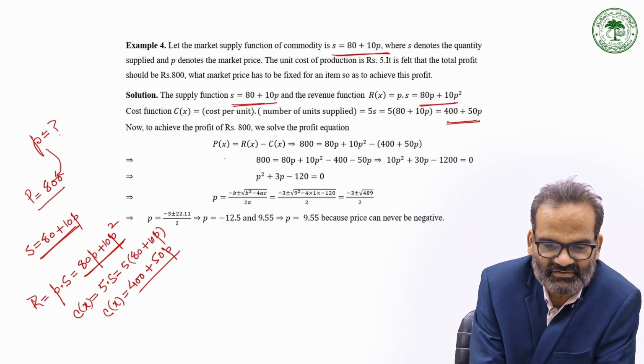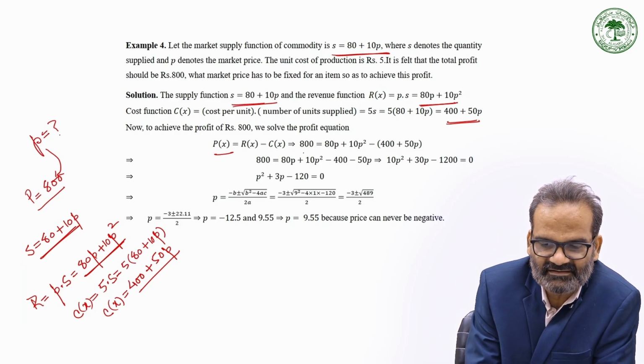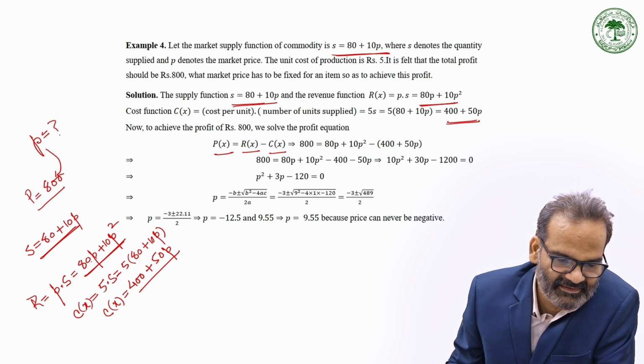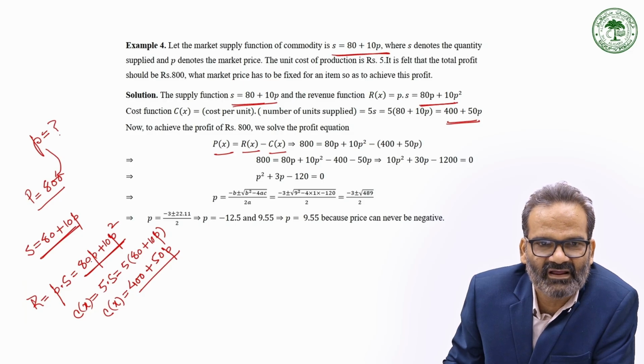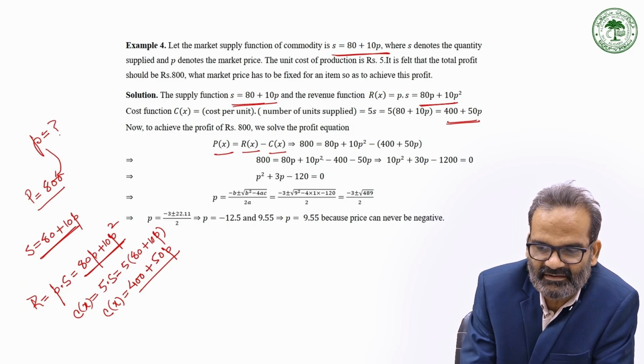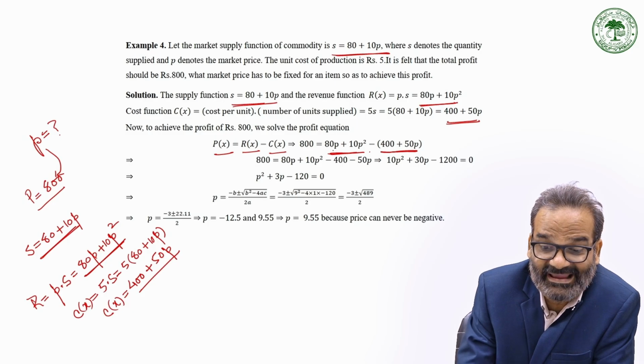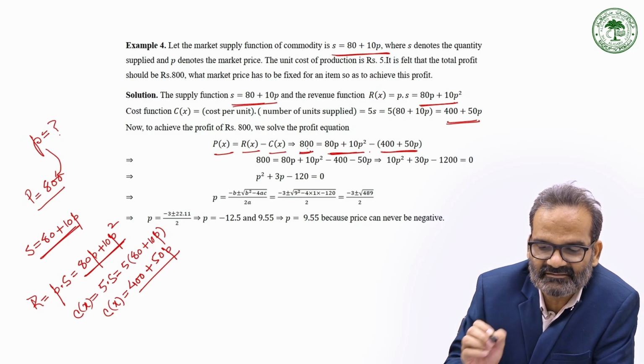The profit function equals revenue function minus cost. Revenue is 80p plus 10p square, minus cost 400 plus 50p, and this should equal 800, that is the profit.